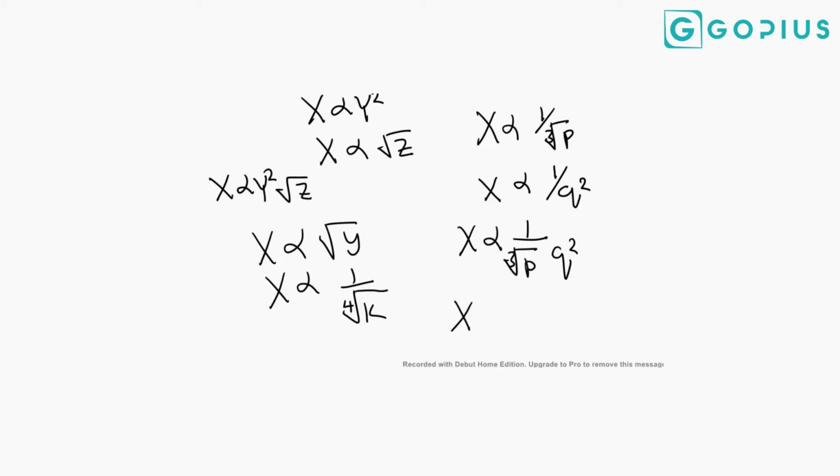So I have that x varies directly as the square root of q and also inversely as the fourth root of k. Alright, so this is what we call joint variation. And of course I would love to take an example. So assuming we have something like x varies directly as the square root of y, the last thing I said, and x varies indirectly as the fourth root of, let's say, k.